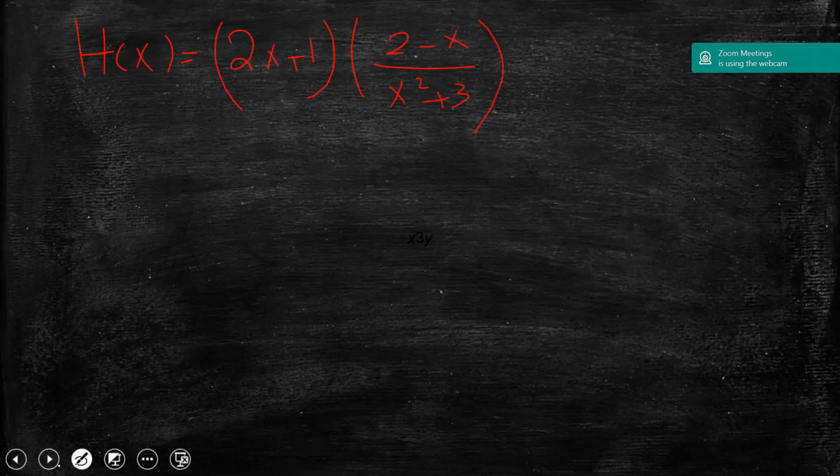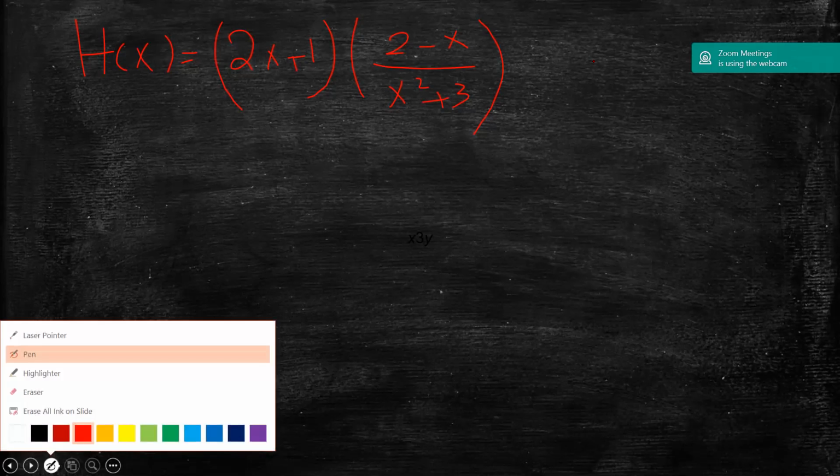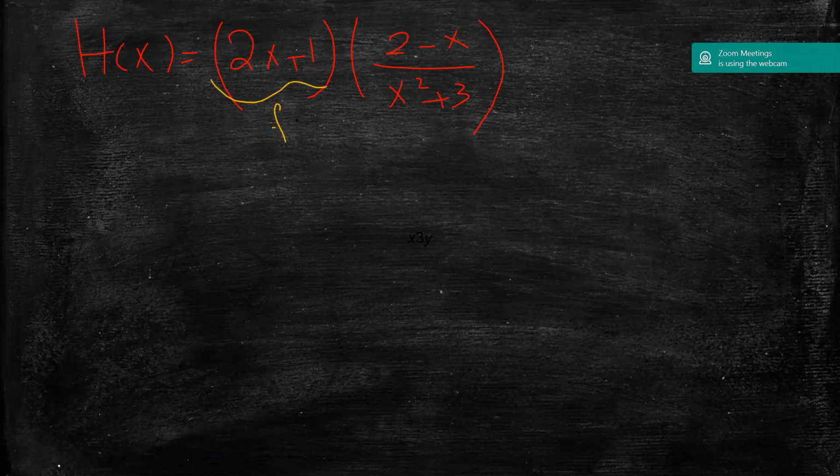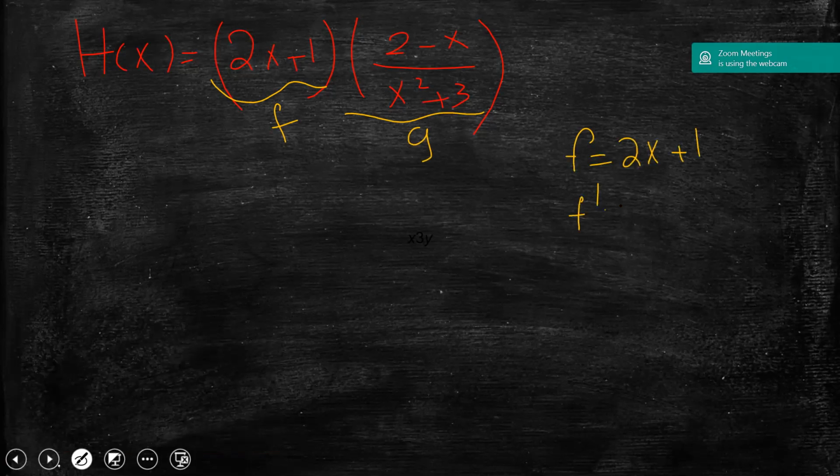Okay, for this one here, as you see, we have to use both the quotient and the power rule. I will now solve it quickly because there's only 2 minutes left. Here, this is f and this is g. f is 2x plus 1, so f prime will be 2. Now, we assume that g is 2 minus x over x squared plus 3.